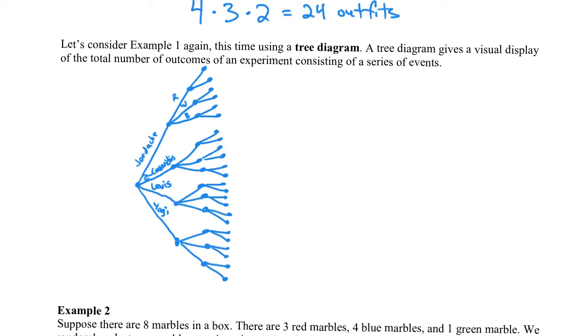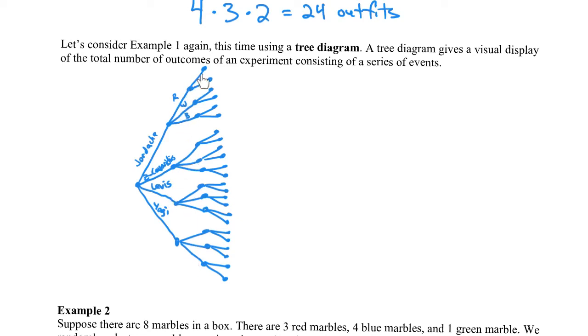So you can see why this makes sense, right? The formula is really easy to see with a tree diagram because you've got 4 choices here. At the end of each of those 4 choices, you've got 3 choices. So you got 4 times 3. So after you pick your pants and your shirt, you're going to have 12 possible branches, right?